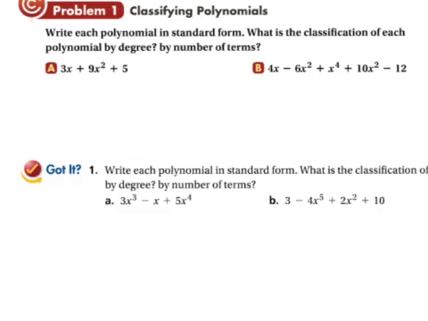Secondly, if you can combine like terms, you should. So look at problem 1a. We don't have any like terms there, but I'm going to reorder these to go from the highest exponent to the lowest. Your constant is always going to be last. If you have a constant, it will always be last.